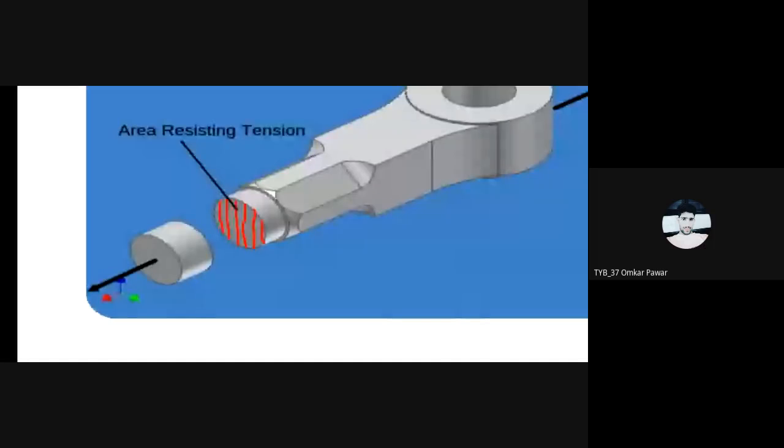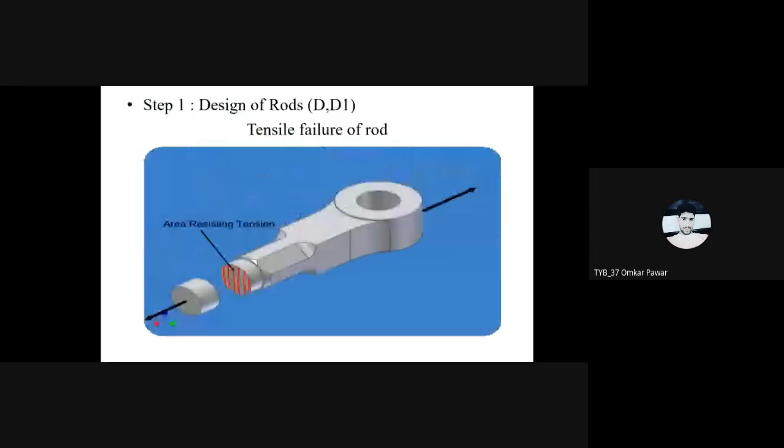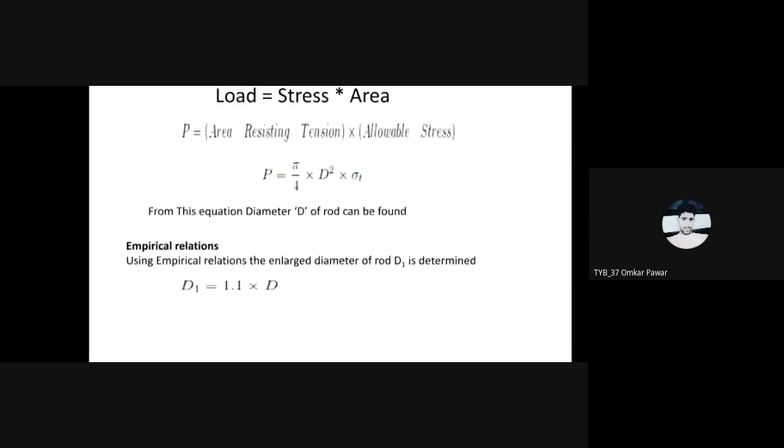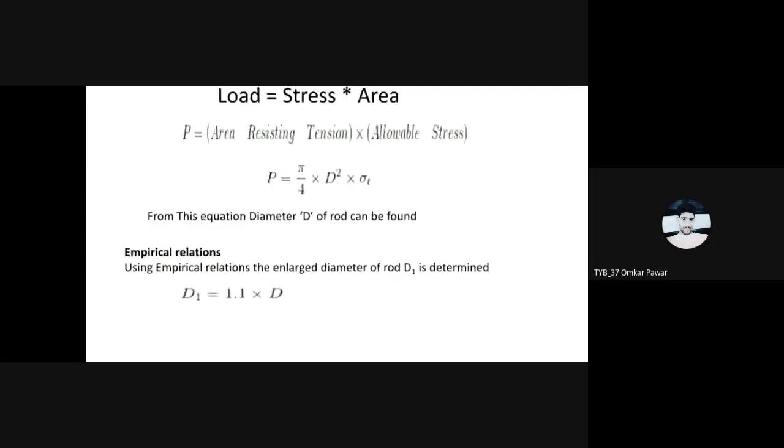The nomenclature for that diameter is D suffix 1. That dimension can be calculated by empirical formulae. The stress generated in that enlarged section is also tensile stress, so the value we get from that will definitely be D, which you have already calculated.